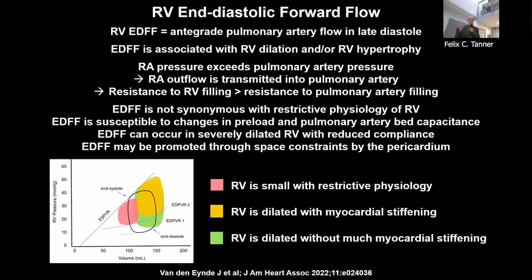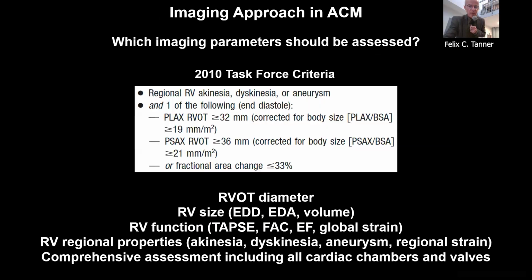But now I think we have a different perspective on that. This you can also see in dilated ventricles where there is not much or no hypertrophy. And in these instances, the pericardial space is limiting the dilation of the ventricle and promoting this end-diastolic forward flow.